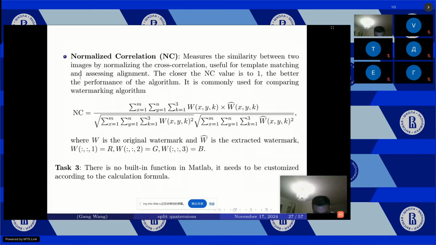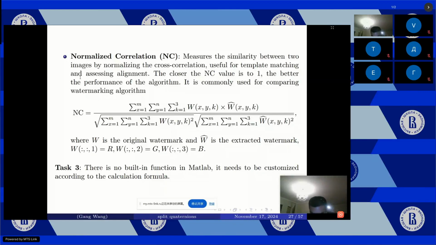The third is normalized correlation, NC, which measures the similarity between two images by normalizing the cross-correlation. This metric is useful for matching and assessing alignment, with values closer to 1 indicating better algorithm performance.